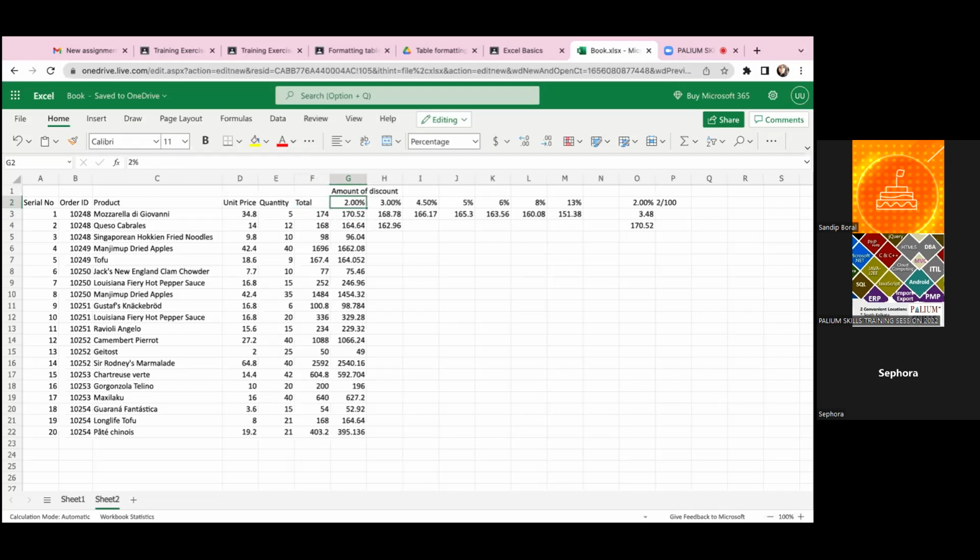If you go to the 170.52, that is what I have done. G will vary. If I drag it to the right, G will become what? H2. Yes. Then H will become what?